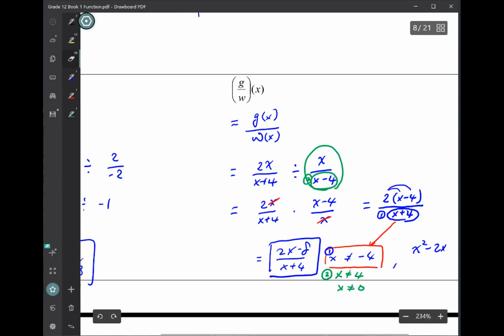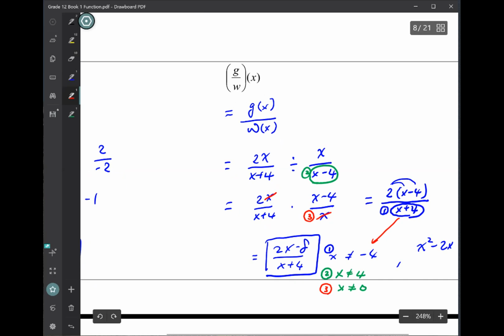Okay, let's erase here. And then the third one, I'll use the red. This restriction comes from this one. This is the tricky one. You got canceled out, right? Remember in rational expressions, even if you cancel out the denominator, you still have to keep the restriction. So in fact, in this one, you have 3 restrictions.